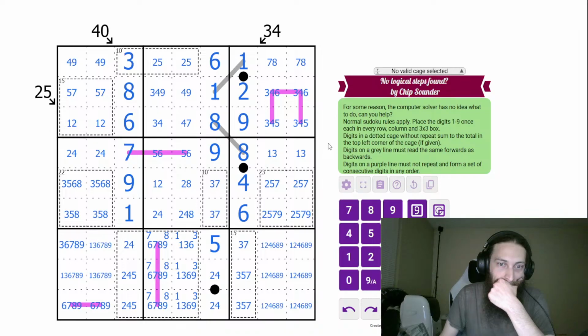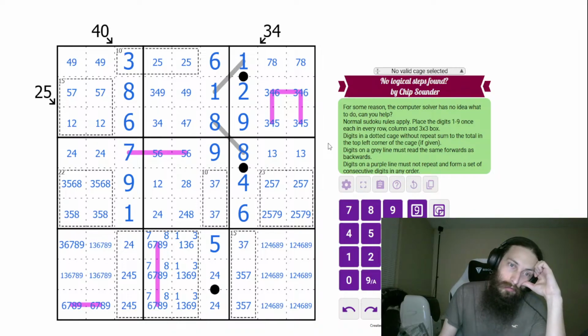Where do we go from here? This intersects both the 40 and the 34.